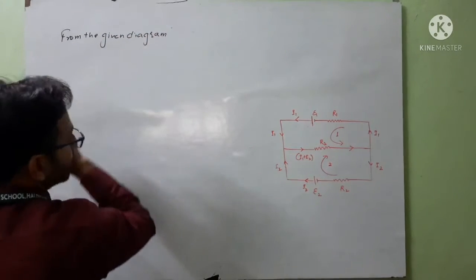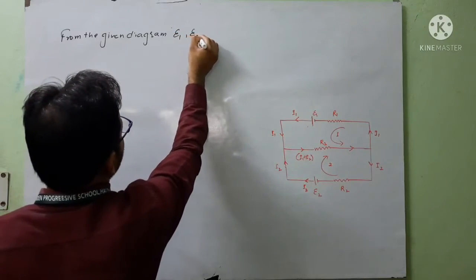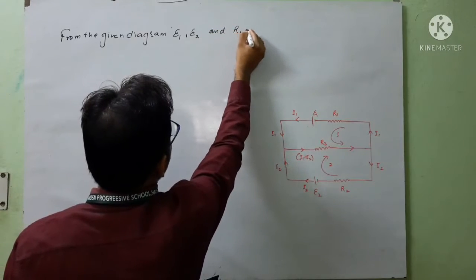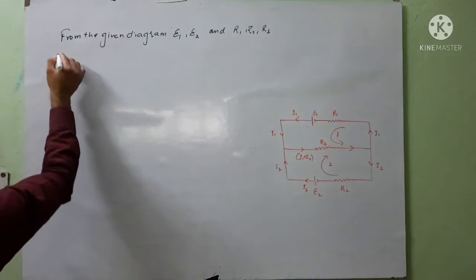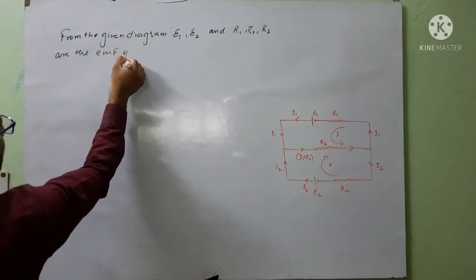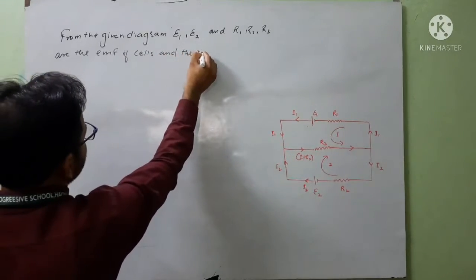We have two cells of EMF E1 and E2 and the resistances R1, R2 and R3 are the EMF of cells and the resistances.